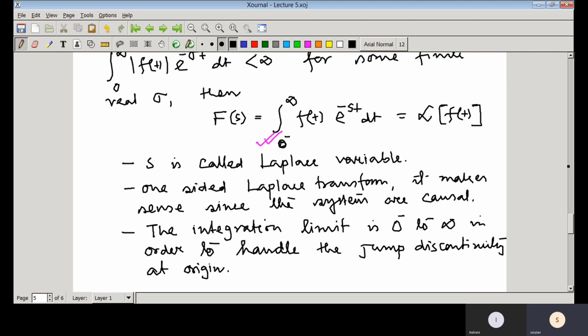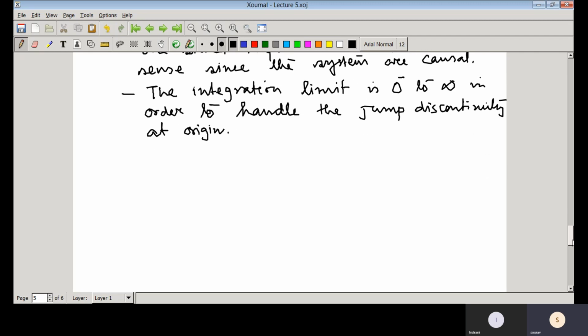So you all know those things. I am just writing down the reasons, since these things are required when we analyze control systems.